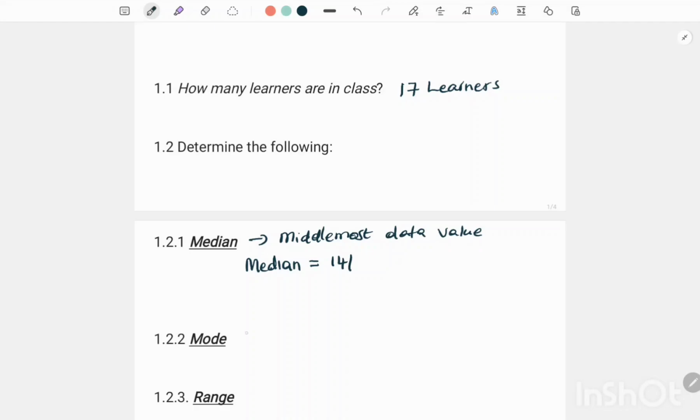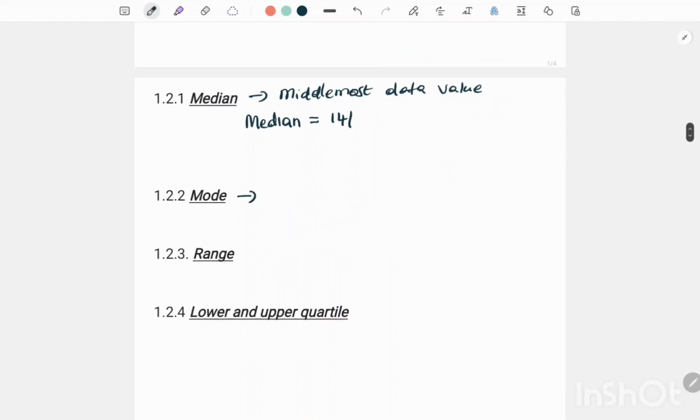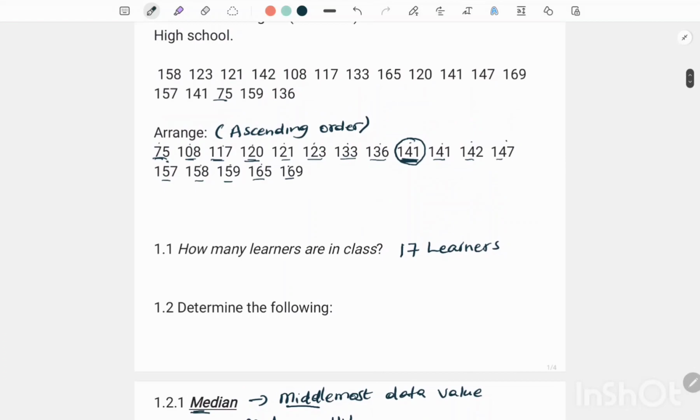Then we check what is the mode of the data. The mode, remember, median, the middlemost. Mode is the most appearing data value. So let's check from our data set what is the mode.